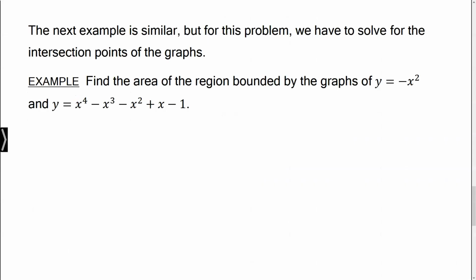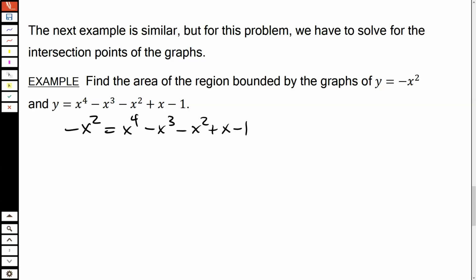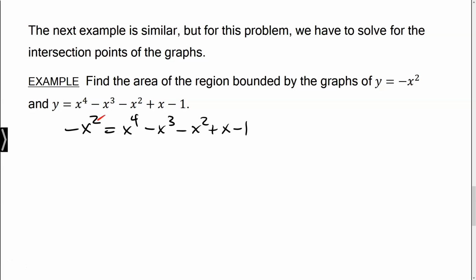So to find the points of intersection here, we have to set these equal to each other. So we need to find where minus x squared is equal to x to the fourth minus x cubed minus x squared plus x minus 1. Now normally a fourth degree equation like this would be pretty difficult to solve, but we luck out here because the minus x squared cancels on both sides, and so we just end up with x to the fourth minus x cubed plus x minus 1 equals 0.